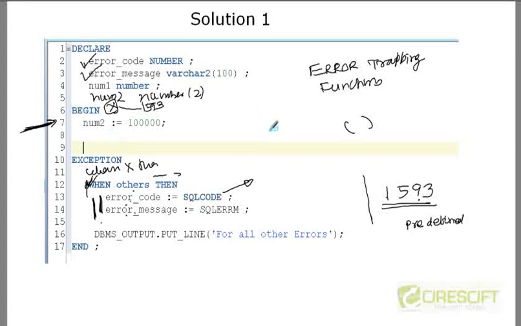So that is the reason why we have two functions called SQLCODE and SQLERRM given by Oracle. Okay, so that's all about problem number one.